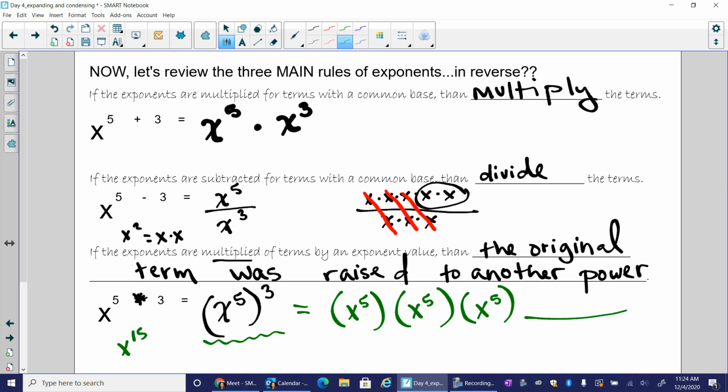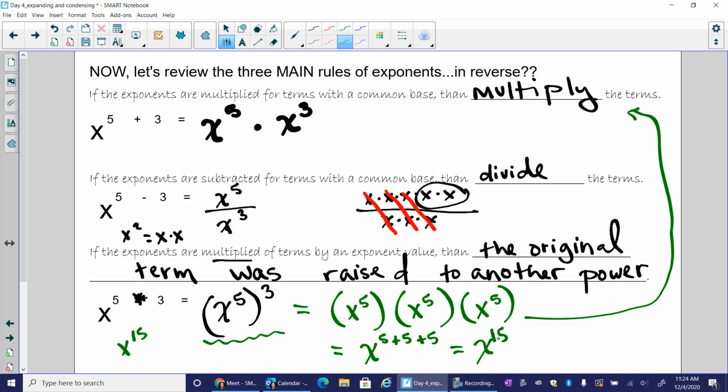What I'm looking at right here goes back to the first rule. If you're multiplying terms with like bases, then I can rewrite this as x to the 5th plus the 5th plus the 5th power, and that is the exact same thing as x to the 15th power.